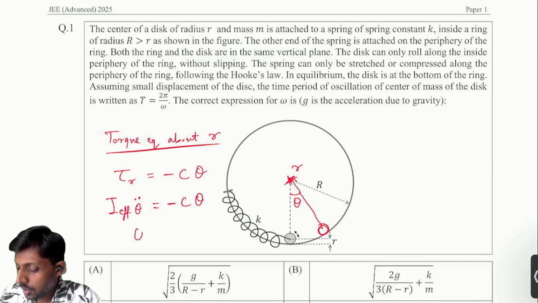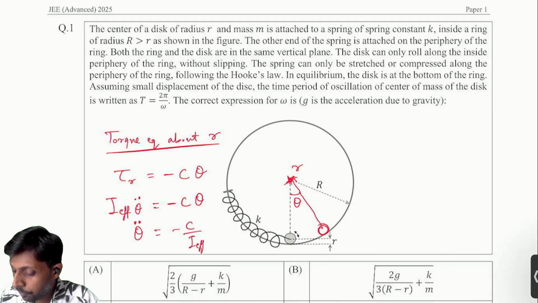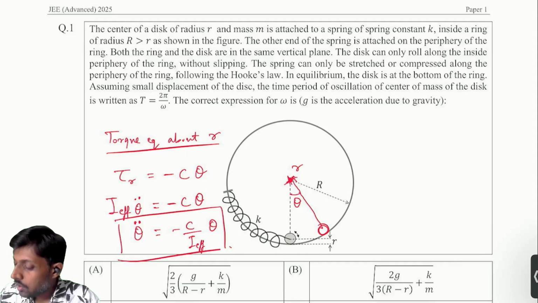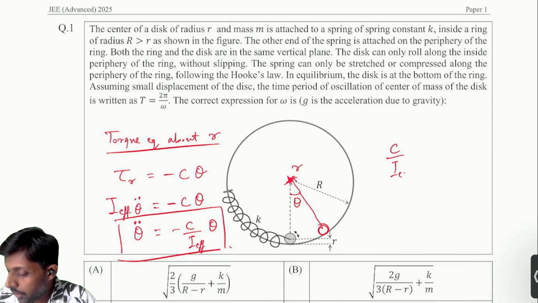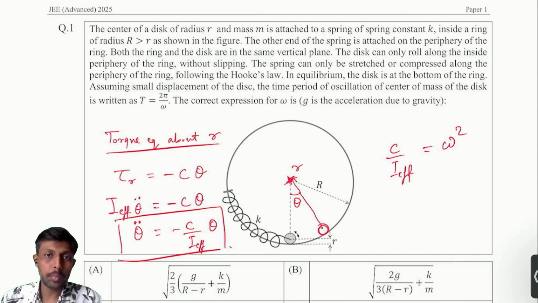So from here, we can write angular acceleration, which is minus c by I effective, into theta. And from here, we can say that this c by I effective is nothing but omega square, and we'll have the value of omega.